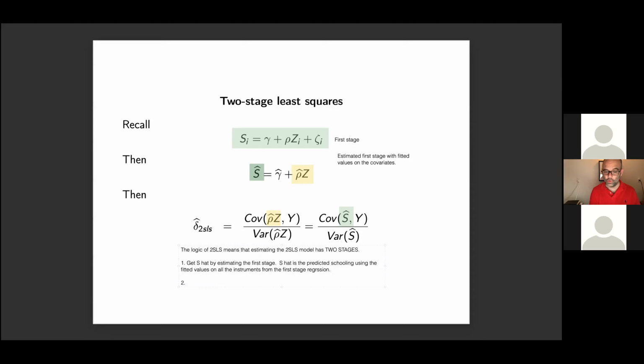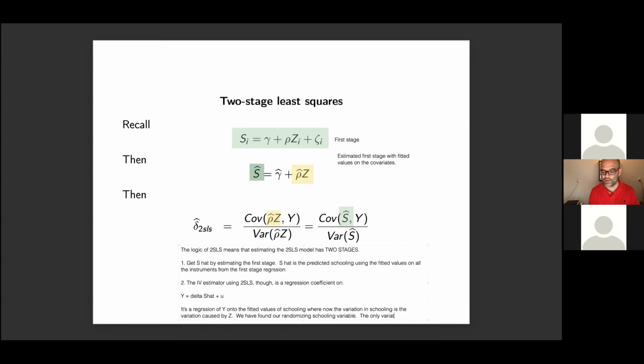Two, the IV estimator using two-stage least squares is a regression coefficient on Y equal delta S hat plus U. It's a regression of Y onto the fitted values of schooling, where now the variation in schooling is the variation caused by Z. We have found our randomizing schooling variable.